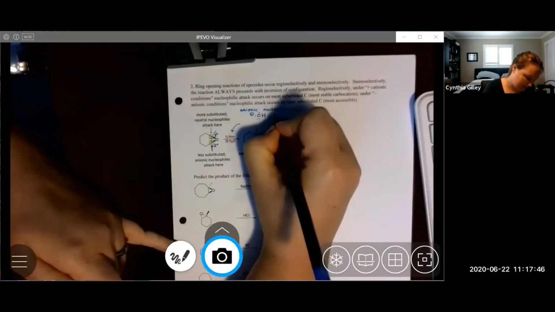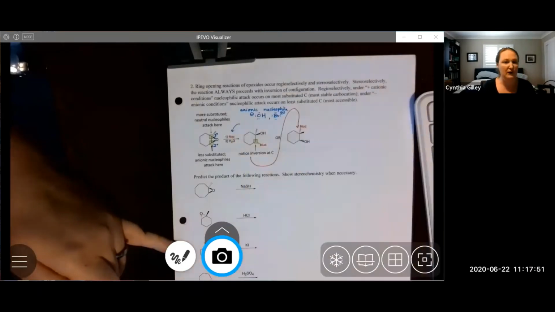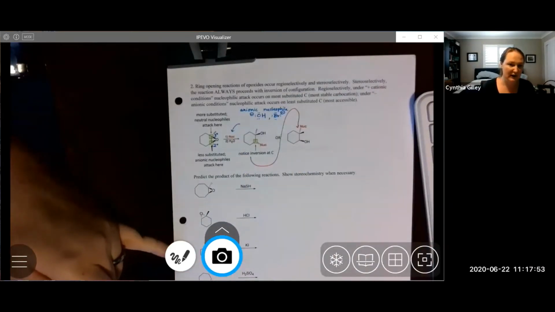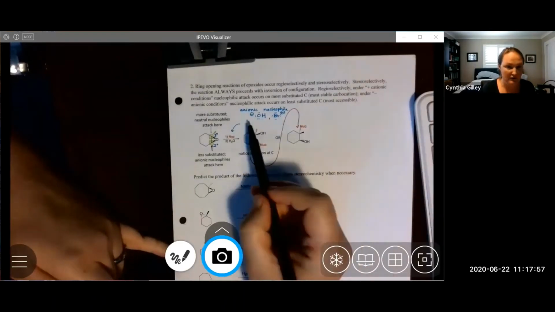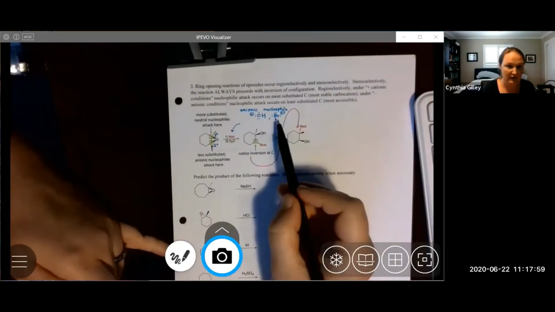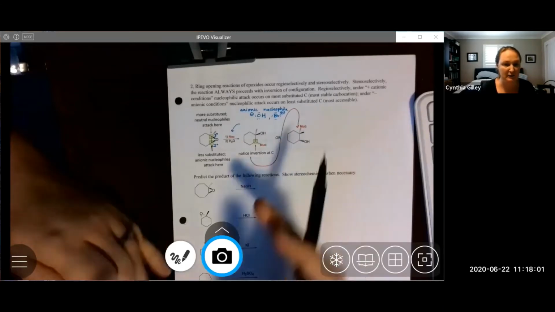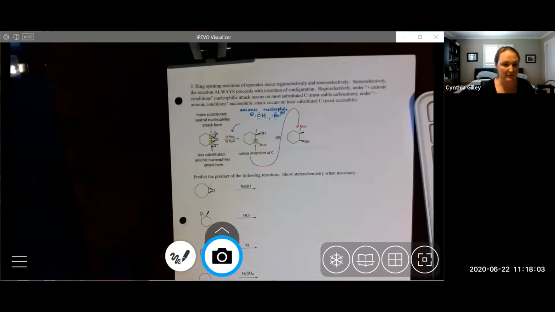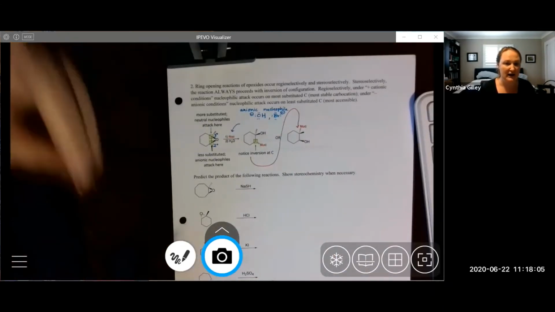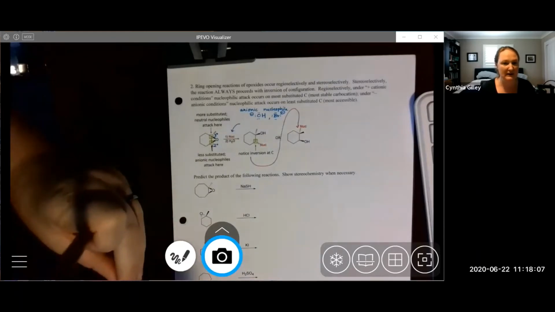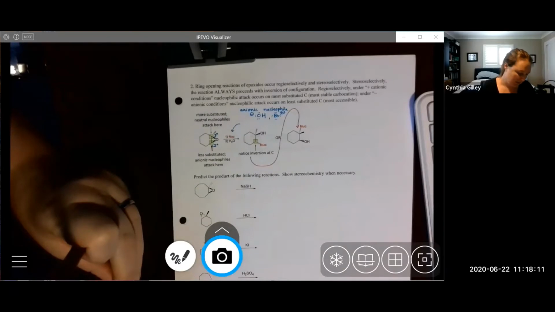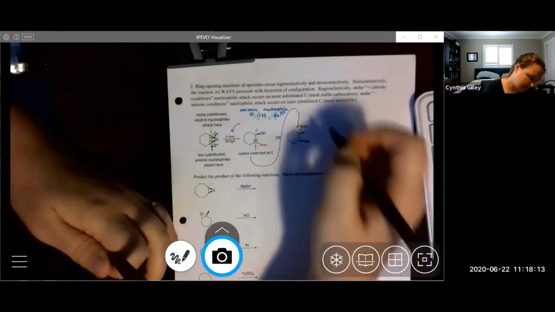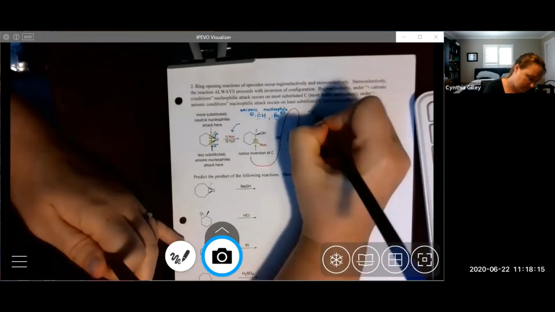Usually the reagent will look something like NaOH or NaBr, because that breaks apart into the Na+ sodium cation and either OH minus, Br minus, or SH minus, or something like that.